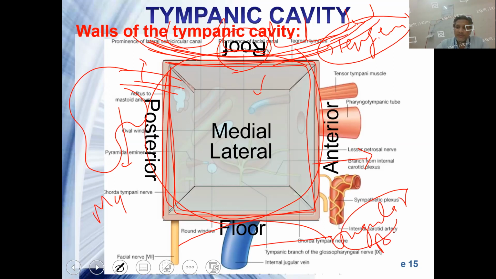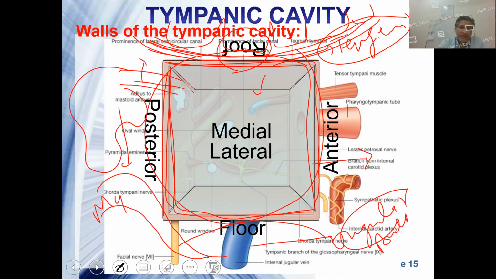Jugular bulb is a dilation of what? The sigmoid sinus, through the posterior wall, comes like this. The sigmoid sinus is the sinus into which all of the dural sinuses drain, like the superior sagittal, inferior sagittal, transverse sinus, and superior petrosal sinus, inferior petrosal sinus.